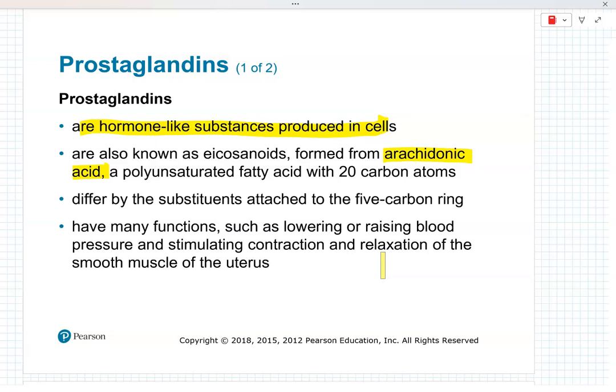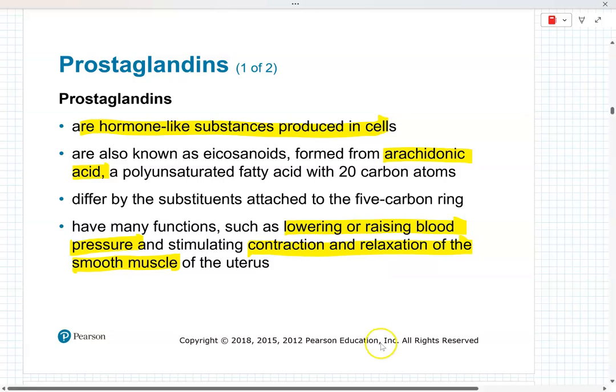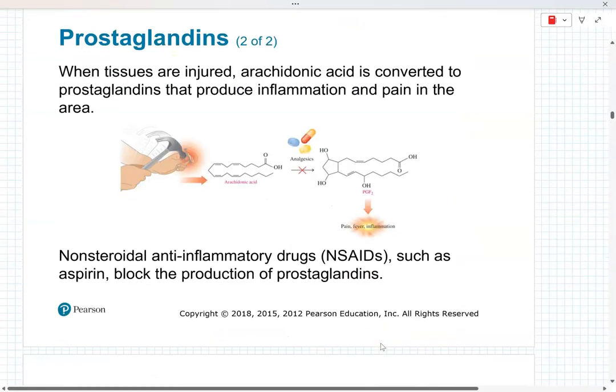Okay? Why are prostaglandins important? They regulate blood pressure, smooth muscle relaxation. To be fair, they even mediate inflammation, fever, and pain. A lot of functions are mediated by prostaglandins.